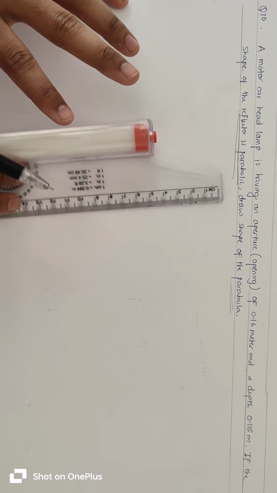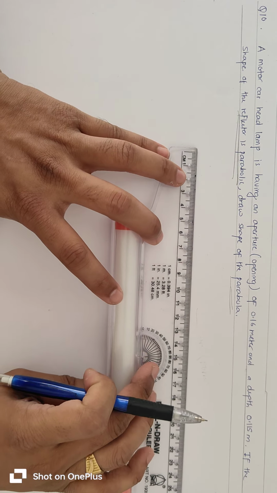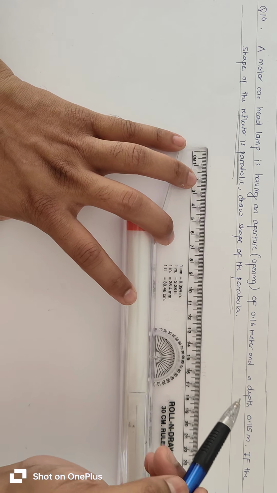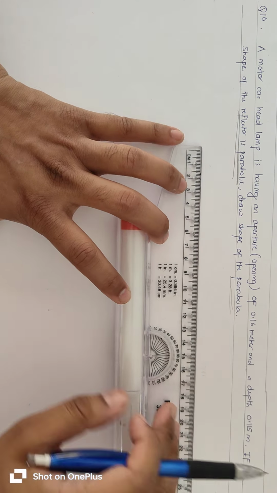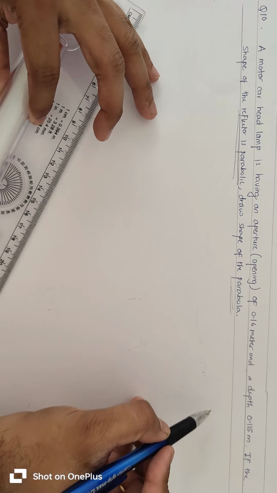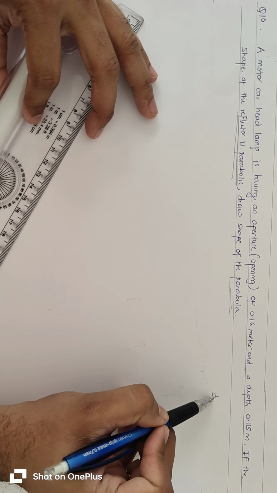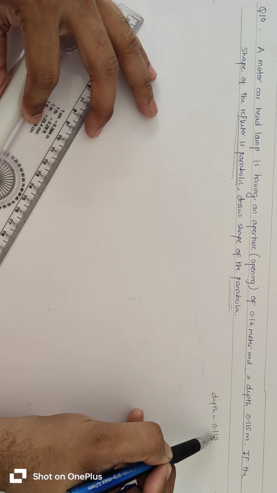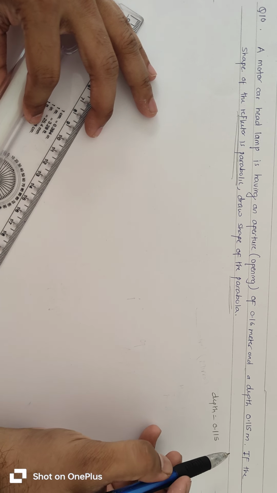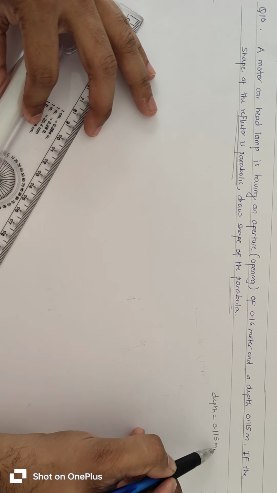So for that we will draw a depth, that is height. The horizontal dimension here is 115. So the dimension given is depth equal to 0.115 meter.